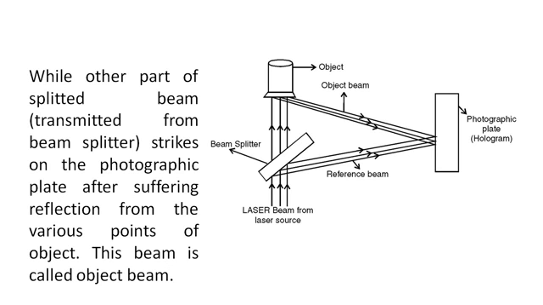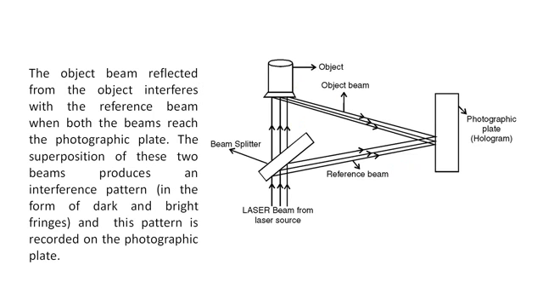This beam is called the object beam. That is, one part is reflected and is incident on the photographic plate. Another part is transmitted, incident on the object, and after incidence on the object, it is reflected from the object and falls on the photographic plate. This is called the object beam.